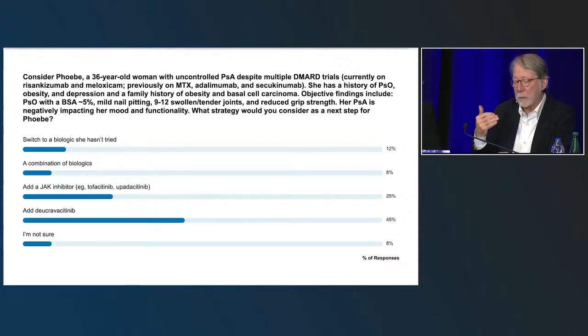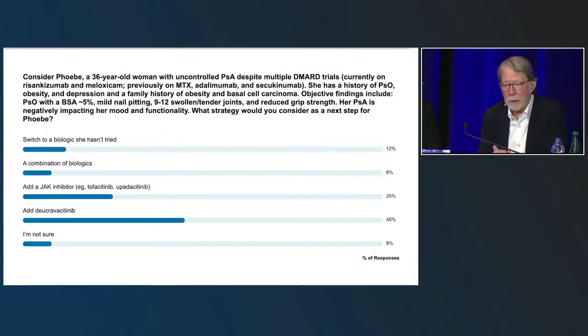But I think it's a really interesting possibility. One issue you might think about is, well, she's already on an IL-23 inhibitor. Do you go to something that's a little bit more different or not? But given the safety profile of deucravacitinib and the fact that it has broader reach than just IL-23, including alpha interferon, I think it's a very interesting potential choice.